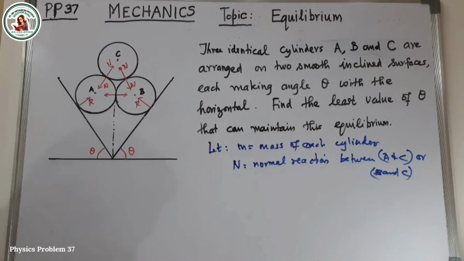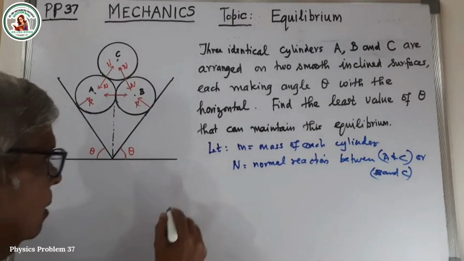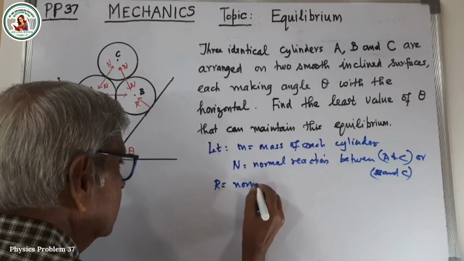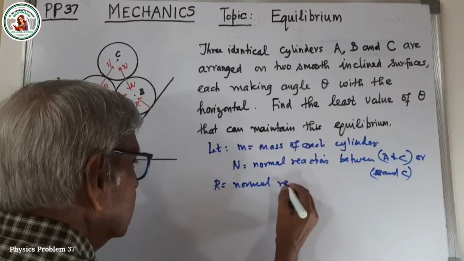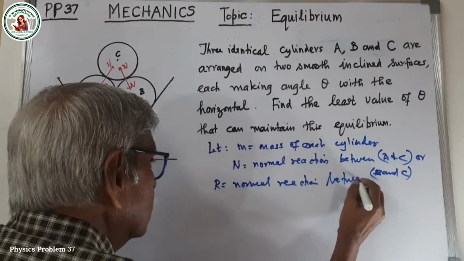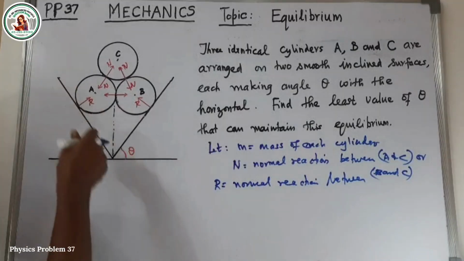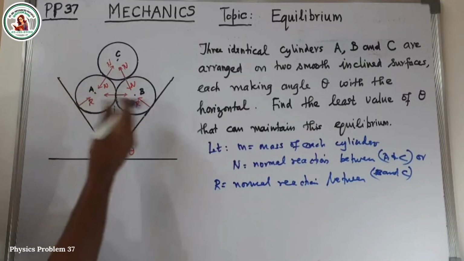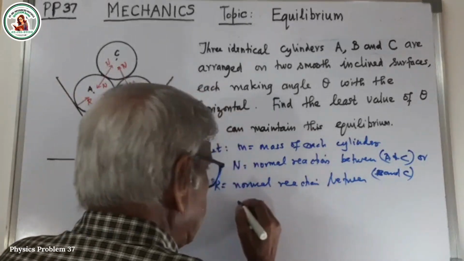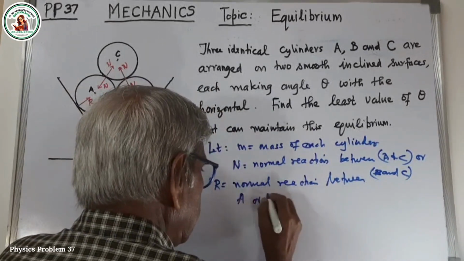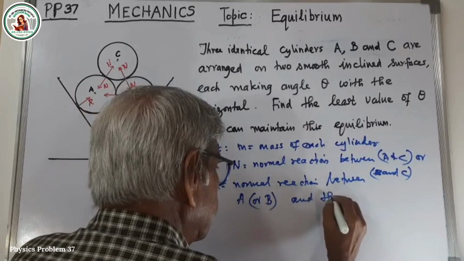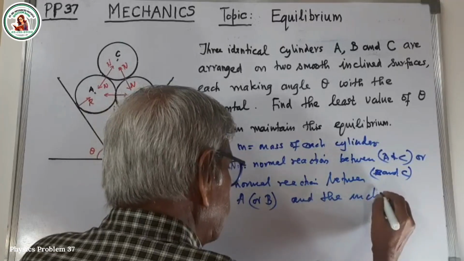Then R is the normal reaction between the incline and any of the lower cylinders, A or B, and the respective incline.